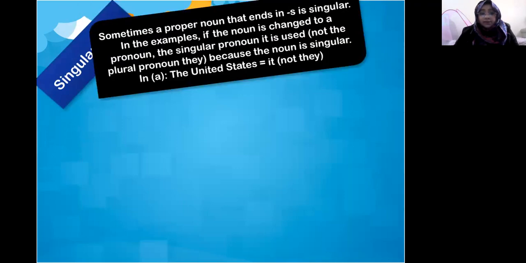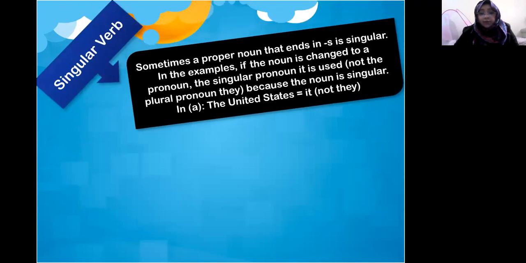Now we will see some irregularities in singular verb. For example, sometimes a proper noun that ends in s is singular.